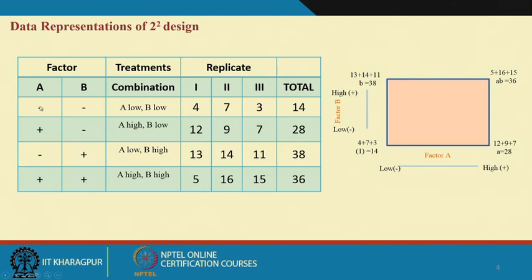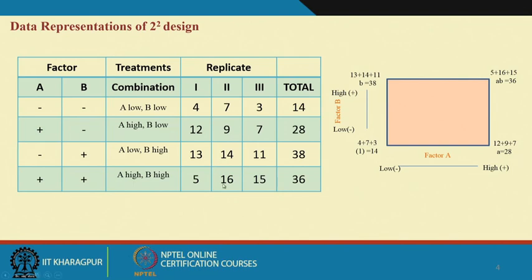So, these are the points: low low, high low, low high, high high. And suppose in each of these experimental settings you have done 3 experimental replications, that is, 3 experimental runs are conducted. Obviously, these are randomized experiments. So, suppose the response values are 4, 7, 3 here, and here 12, 9, 7, like this, the data you got. Okay.